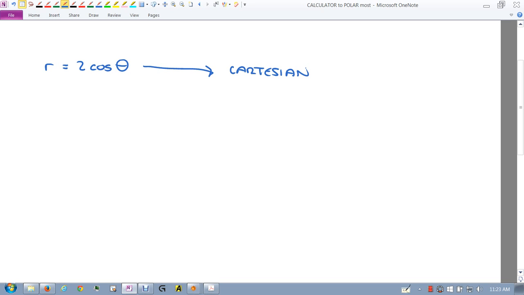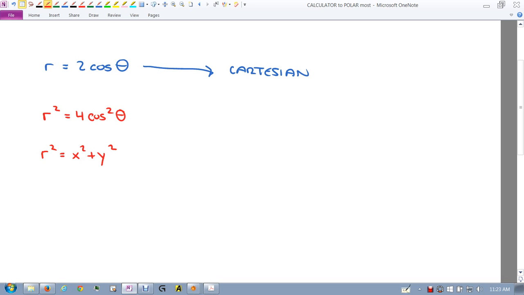Well, we want the whole circle, the whole curve, not just one point, right? We know how to convert a point to Cartesian, but how do you convert an entire curve to Cartesian? So let's take a look at what we know. We know that r squared is 4 cosine squared theta, don't we? We also know that r squared is x squared plus y squared, don't we?